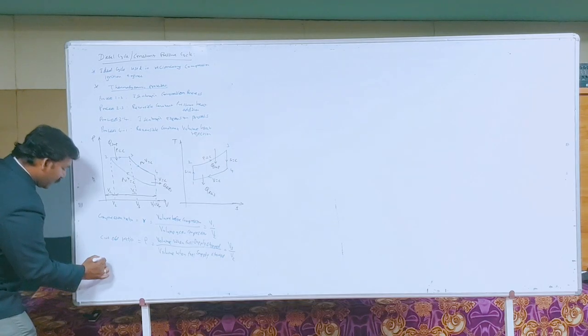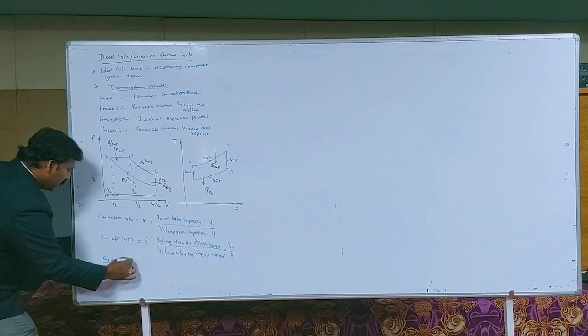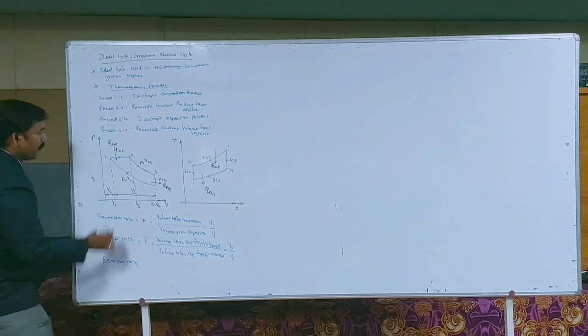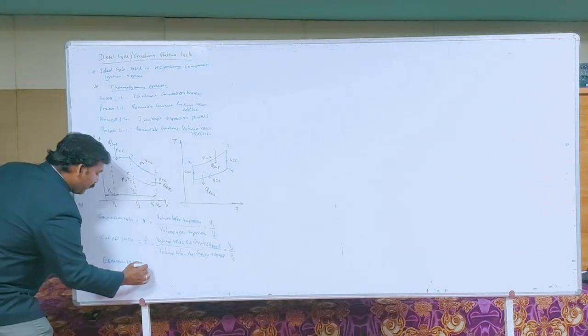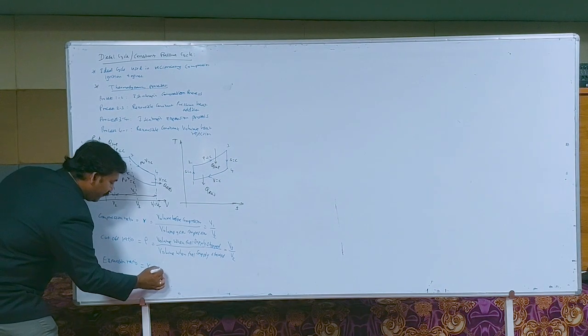And the expansion ratio, so this is actually in the process 3 to 4, represented using r suffix e, expansion ratio.